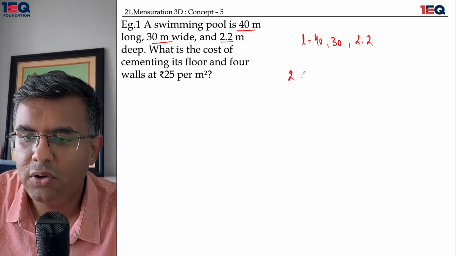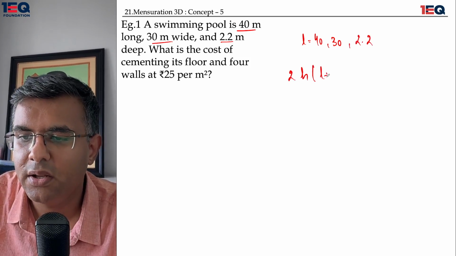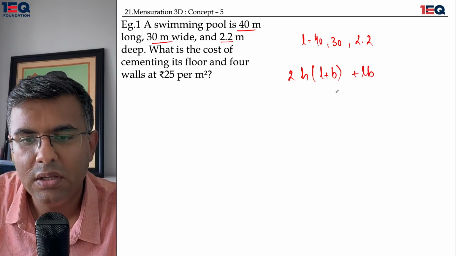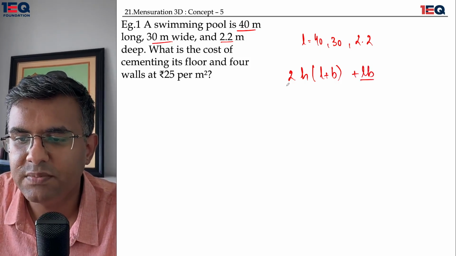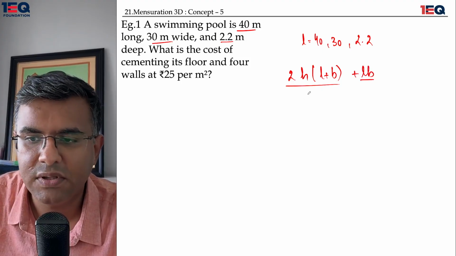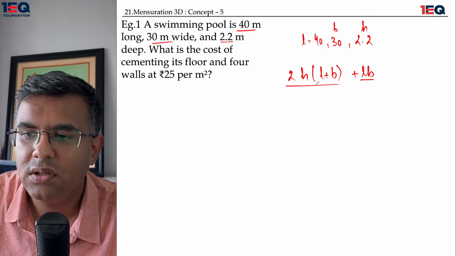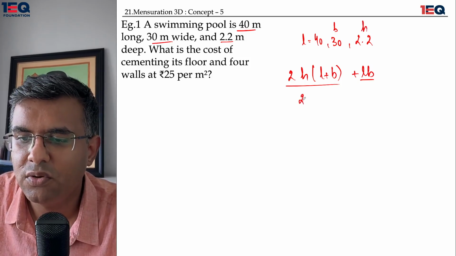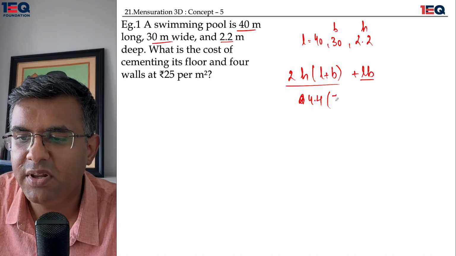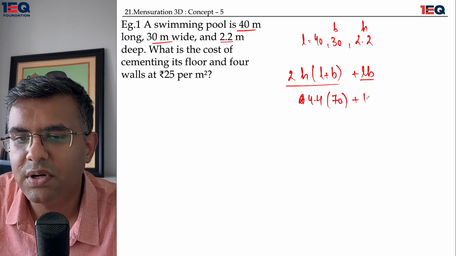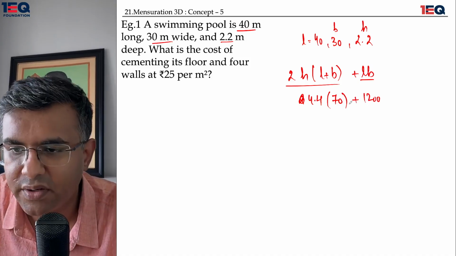I'll use the formula 2h in the bracket L plus B plus LB. This makes for the floor and this makes for the four walls. We have L, B, and H. The 2 into H comes out to be 4.4. The L plus B comes out to be 70, and the L into B comes out to be 1200.